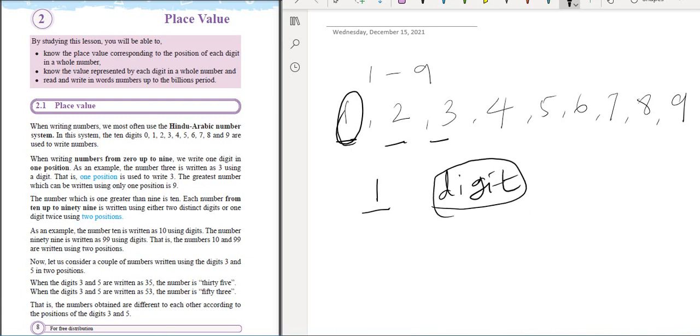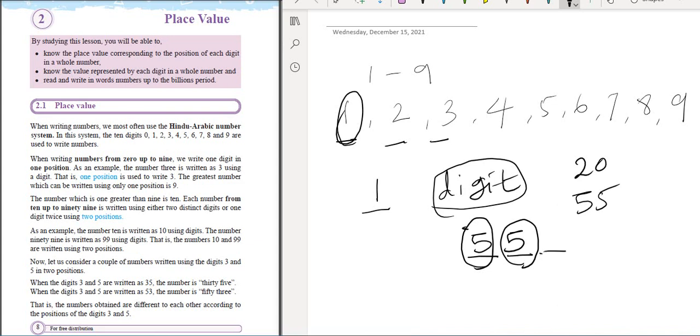So what about 20 and 55? Here we are taking two places to write the number 55, one position and another position. So this is a two digit number.